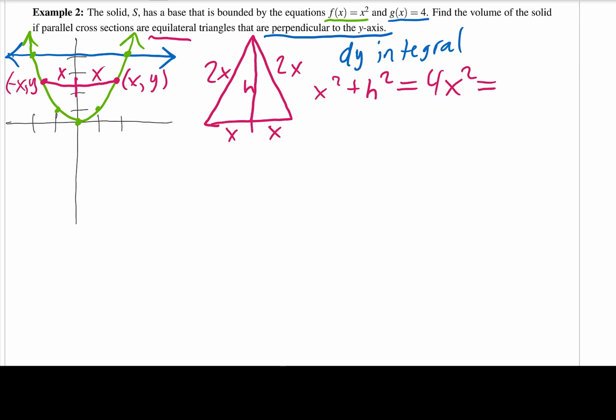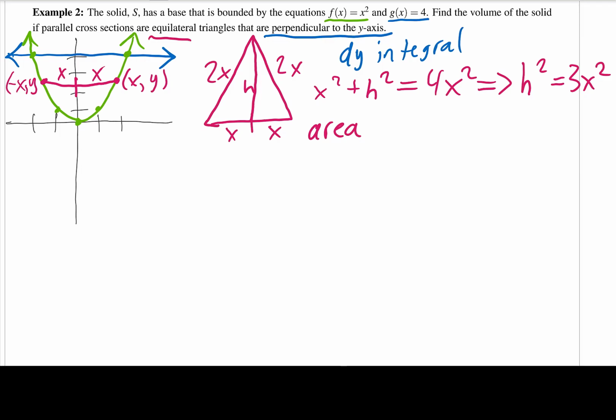What that tells me is that if I subtract over x squared, we get h squared is equal to 3x squared. Okay, so now that we have h squared equals 3x squared, I'm going to go ahead and try to calculate our area. Even though I know that there's not going to be any y's in there, I'm hoping that once I have a formula for area, we can do something where maybe we substitute in something using our curves.